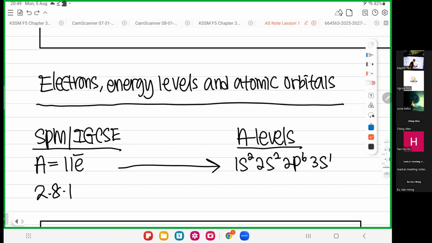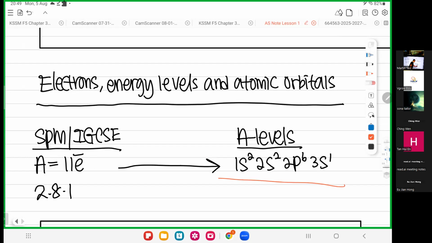When you have 11 electrons, we write 2,8,1, isn't it? First shell has 2 electrons, second shell has 8 electrons, and the third shell has 1 electron. That's exactly what we learned back in high school, no matter whether you are from SPM or IGCSE. But when you come to A level, after today's lesson, you need to know, 11 electrons are arranged as 1s2, 2s2, 2p6, and 3s1.